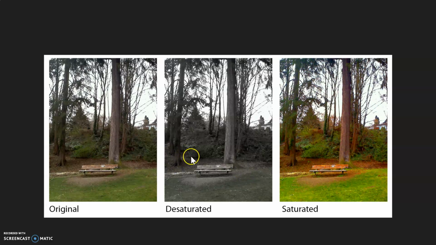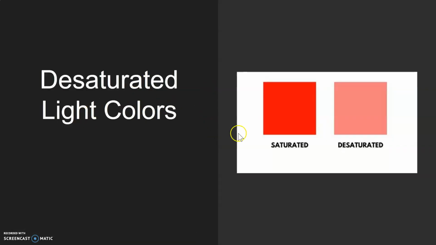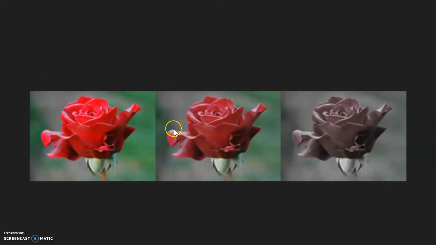With saturated, you're really bright, enhancing the colors in the picture, and with desaturated, you're basically taking that away. So it just looks gloomy. And this is how a lot of times you can express different emotions with the colors. And then your desaturated light colors. It's a good example. The rose is desaturated.